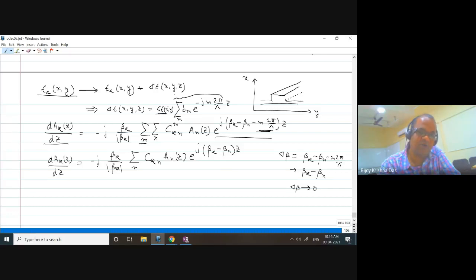But if we are just considering all the modes that contribute to the kth mode, then we can use the sum equation. Typically, we define the kth mode electric field, say x, y, z, t. Normally, we will be writing something like that: Ak, and then Ek xy, that is the field profile along the cross section, and then e to the power j omega t minus beta k z.